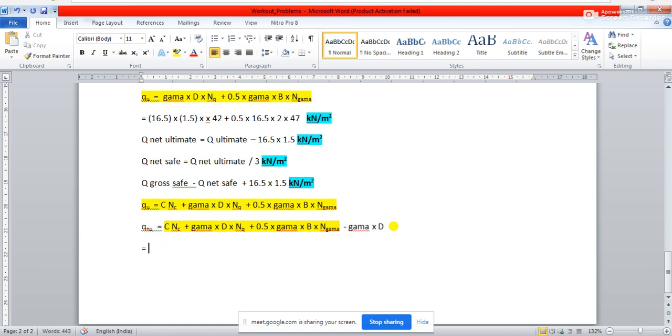I can write cNc, and I take gamma D common, so it will become Nq minus 1, correct? And then it will be 0.5 gamma B N gamma, and the gamma D I have taken common will go from here. Have you understood this? Tell me what I have done.